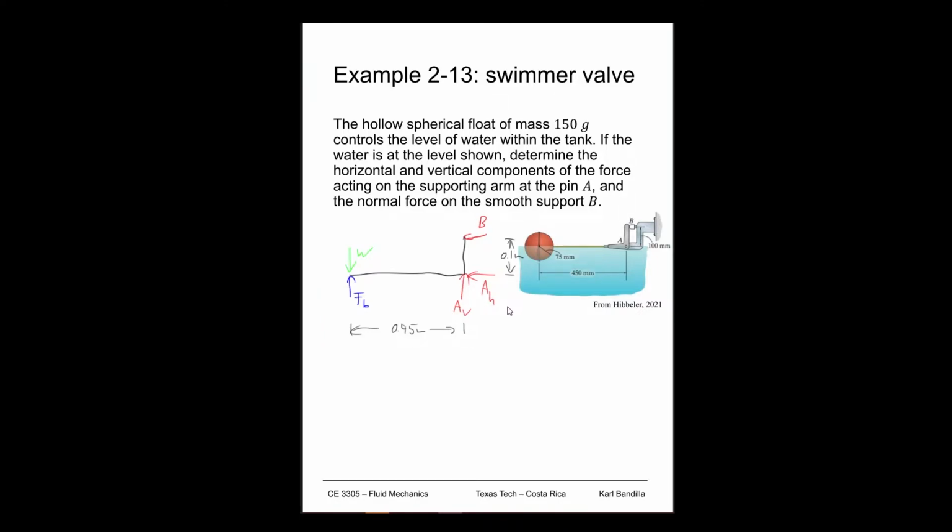AV, AH, and B are what we're going to try to get, and W and FB are things that we can figure out independently.